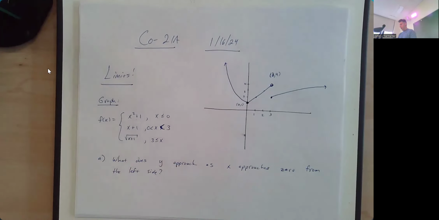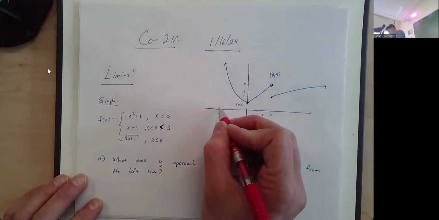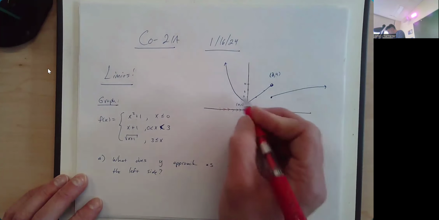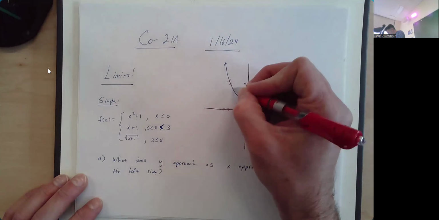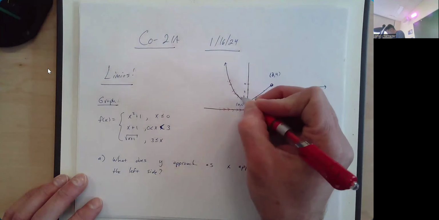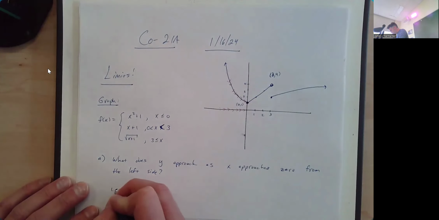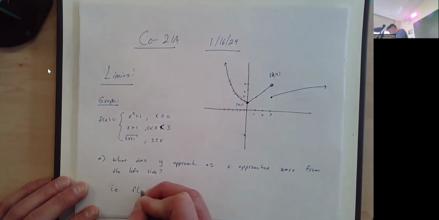Well, if we look at our graph, we can see that as the x values get closer and closer to 0 from the left-hand side, the y values are getting closer and closer to positive 1. You could think about plugging in a very slightly negative number, for example, f of negative 0.0001.